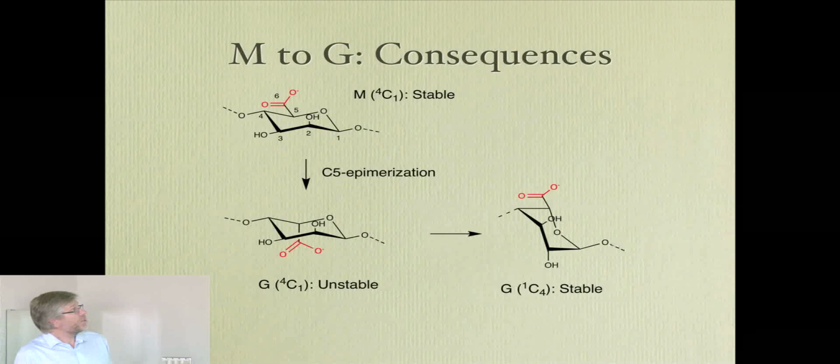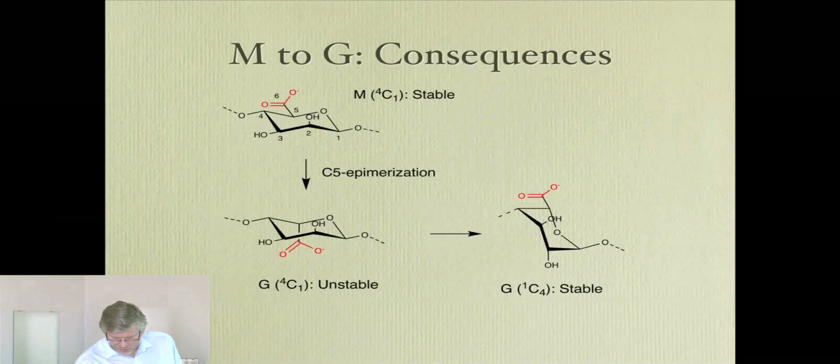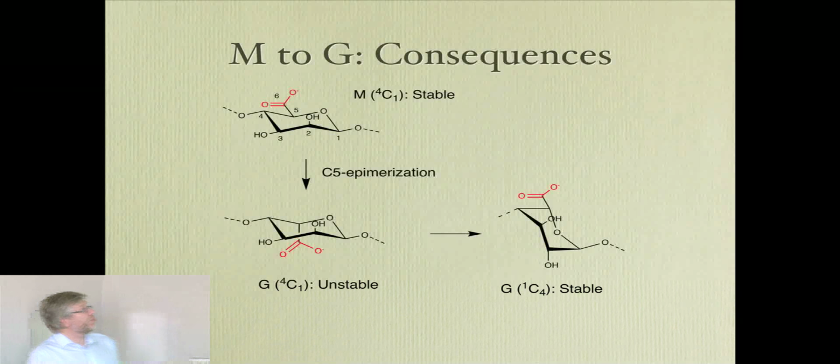The epimerization of M into G has big consequences. And this is the explanation. So this is mannuronic acid like it looks from a conformational point of view.